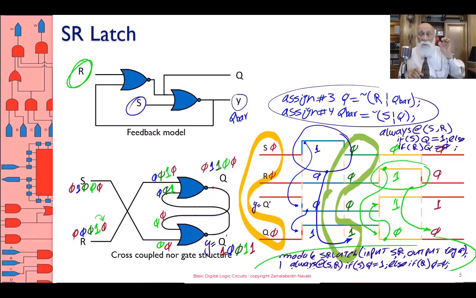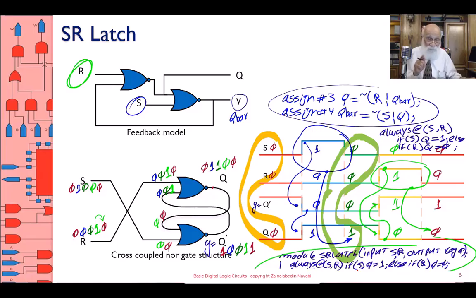If S is 1, Q is 1. Else, if R is 1, Q is 0. I intentionally made it else if. I didn't put two statements here, meaning that if S and R are simultaneously 1, I am avoiding it in this Verilog description. In this timing diagram, I also avoided that.